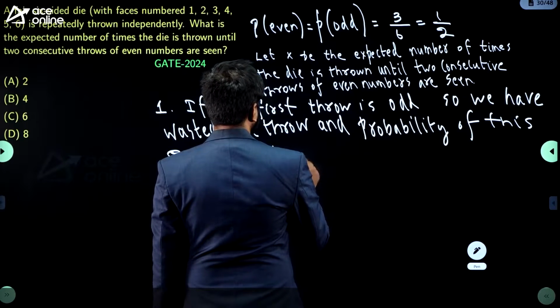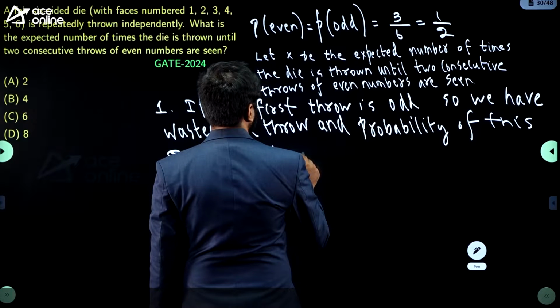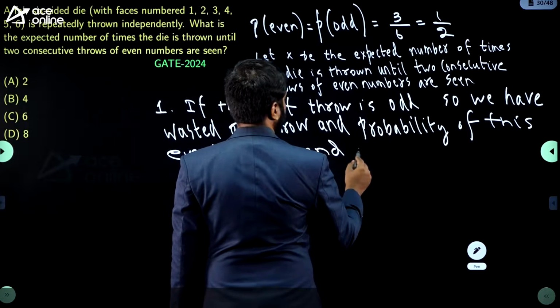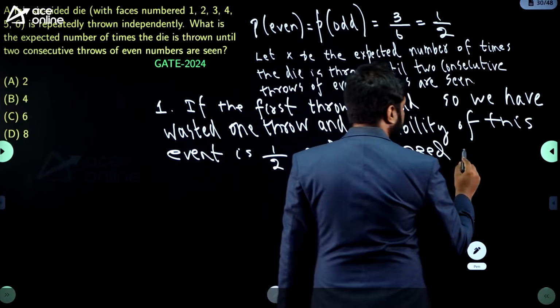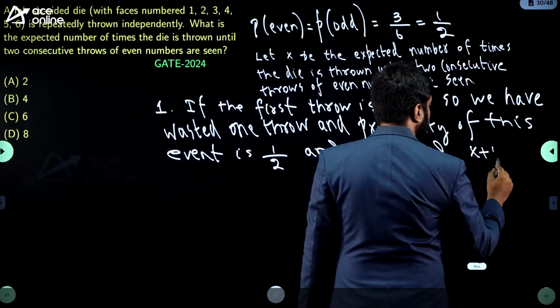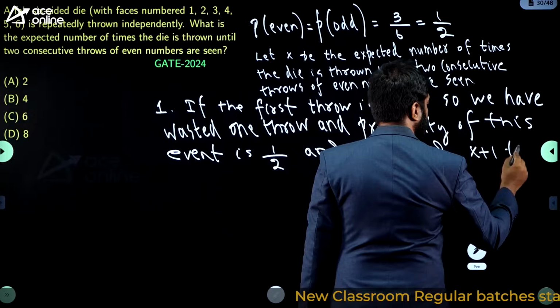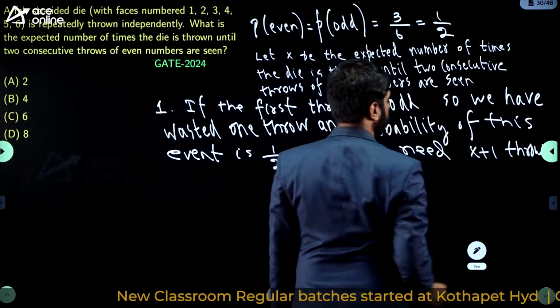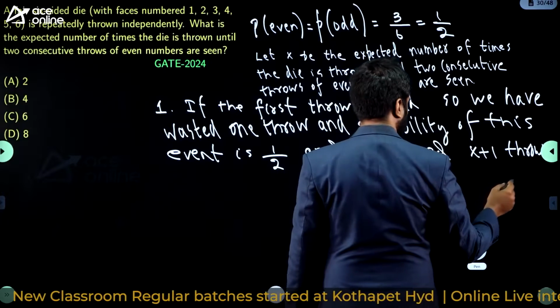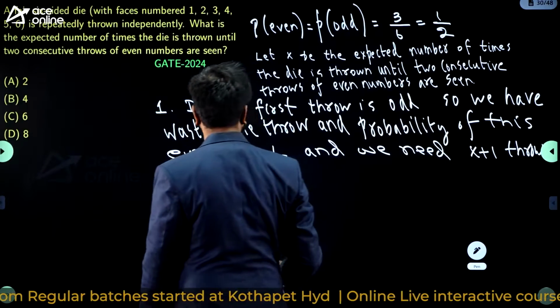So this implies, and this is very, very important, we need x plus 1 throws. Okay, throws, so the s is missing there, you adjust it.